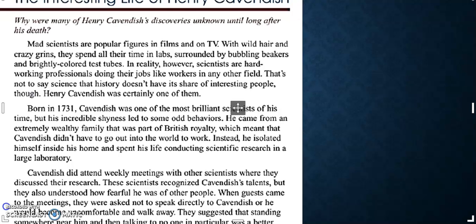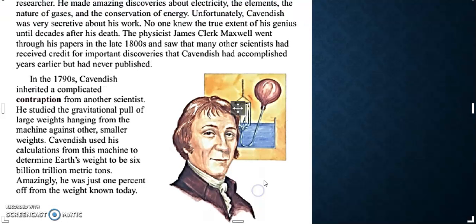So he was very shy. He didn't like it when another person looked at his face. Imagine how shy he was. But he was a very recognized scientist among other scientists. In conclusion, Cavendish was an important scientist.